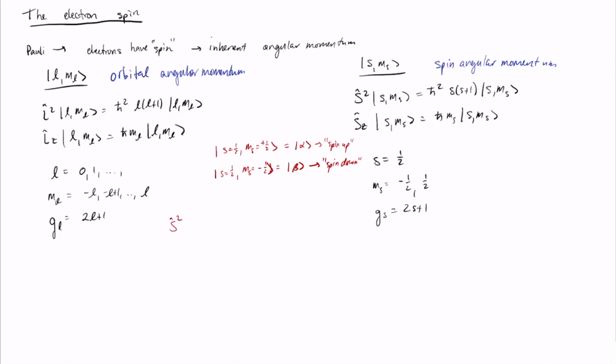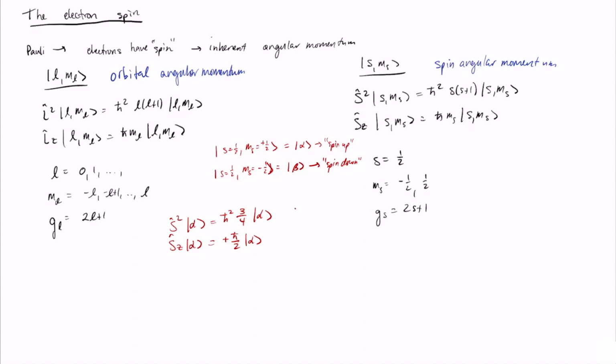If we apply S² onto alpha, going back to this equation up here, this would be ħ² times 1/2 times 1/2 plus 1. So this should be 1/2 times 3/2, or 3/4. So S² onto alpha equals ħ² times 3/4 times alpha. Similarly, applying S_z onto alpha should just give us plus ħ/2 on alpha.